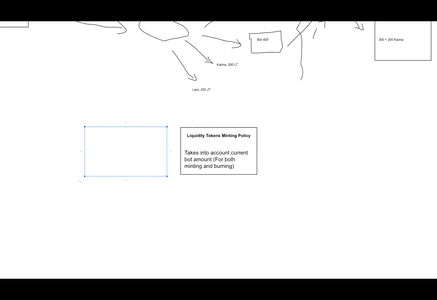As we said, in the beginning one JSON token is worth 1 ADA. So if I want my money back immediately, for my JSON token I would get an ADA back. But if the bot makes profit, the exchange rate would update accordingly, because now all the owners are entitled to more.